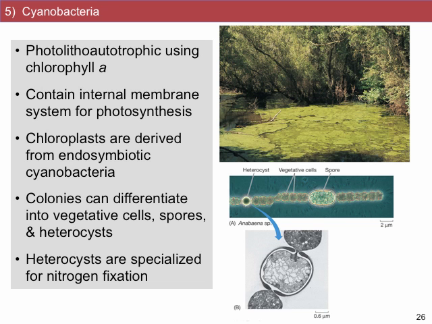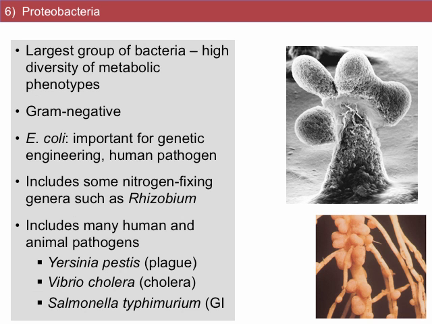Many of them have complex multicellular structures that they form, including some really interesting structures that are used for nitrogen fixation. So this is called a heterocyst that's used for fixing nitrogen. But many lineages within this group are multicellular. And we'll talk more about that when we talk about organelle evolution.